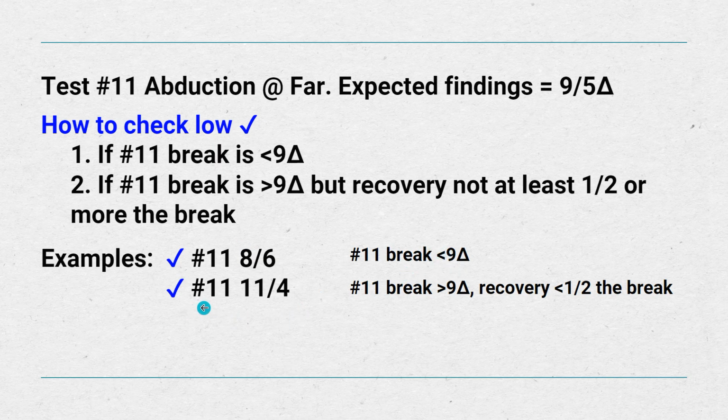For the second example, the number 11 break is greater than 9, but the recovery is lesser than one half the break. Our recovery is 4. One half the break, one half of 11, is 5.5. So 4, our recovery, is smaller than 5.5, so it is low. So check low.